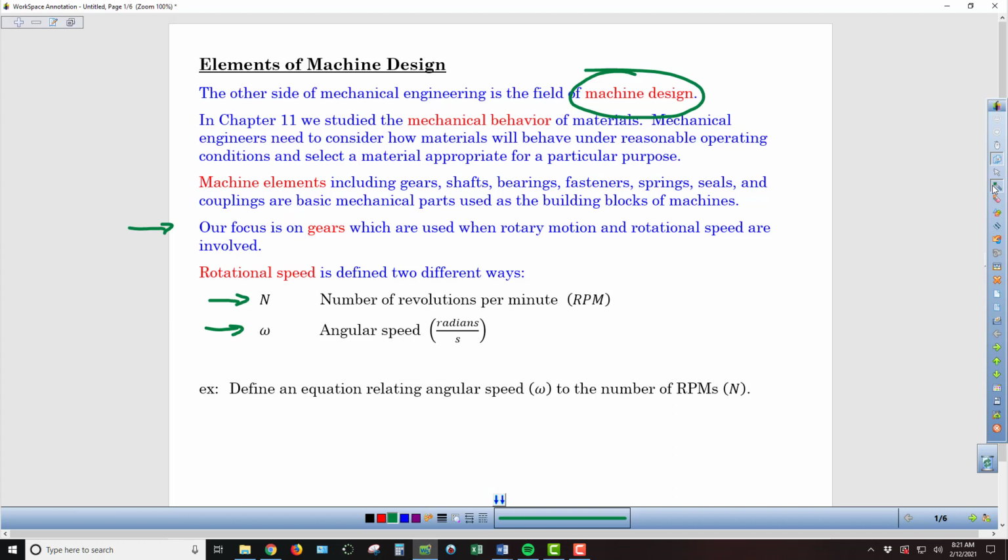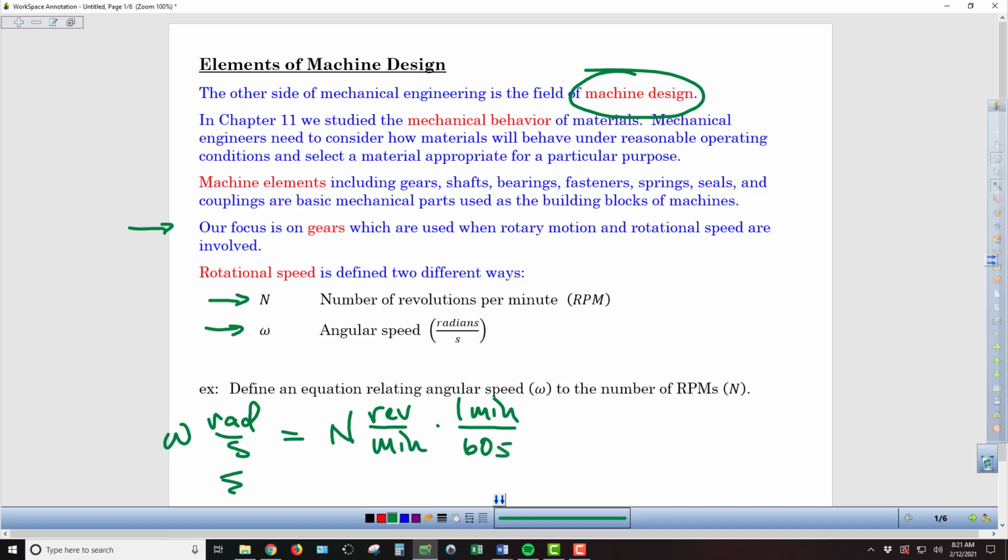So if we start with omega being radians per second, and we want to start on the other side with N, which is in revolutions per minute, putting it in a fraction form so it's more units based. We want to convert those revolutions per minute into radians per second to see what the relationship between these two are. So to start off with, we can convert the minutes into seconds easily enough. And then one revolution is just one circle, so we can say that one revolution is the equivalent of 2 pi radians.